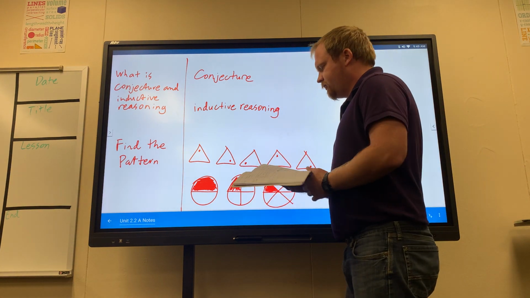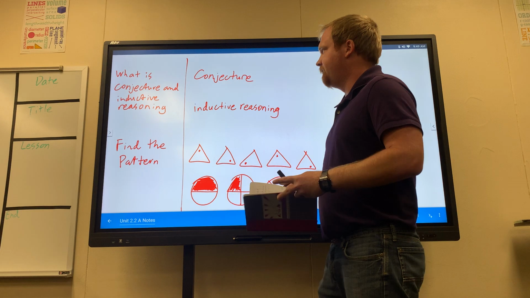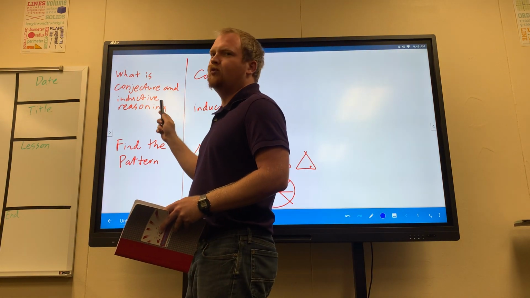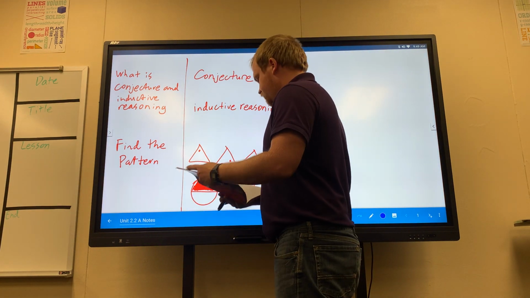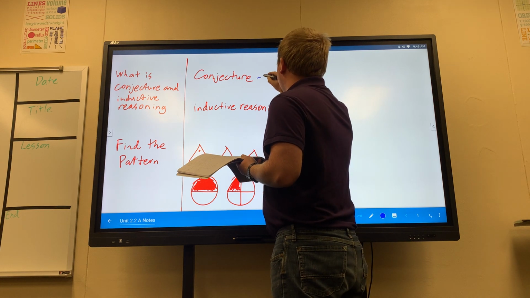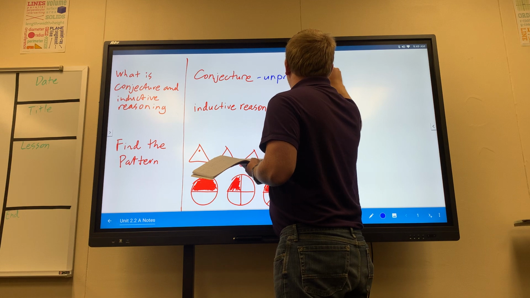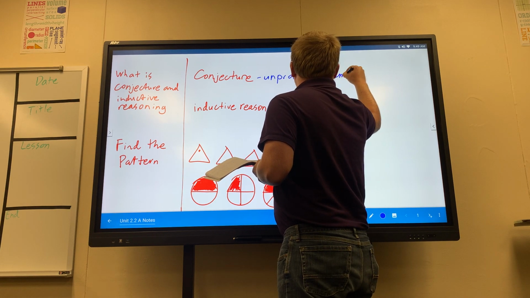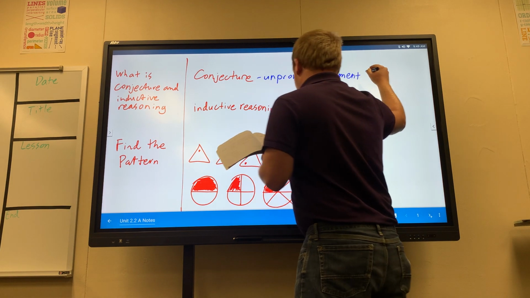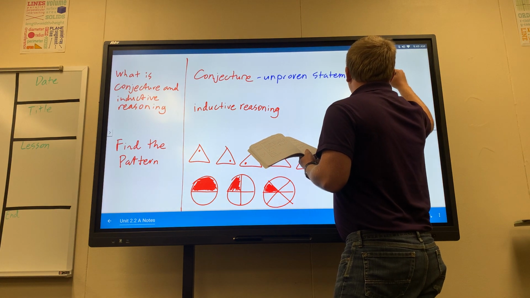Okay, so first off, what is a conjecture and what is inductive reasoning? A conjecture is an unproven statement based upon observation.